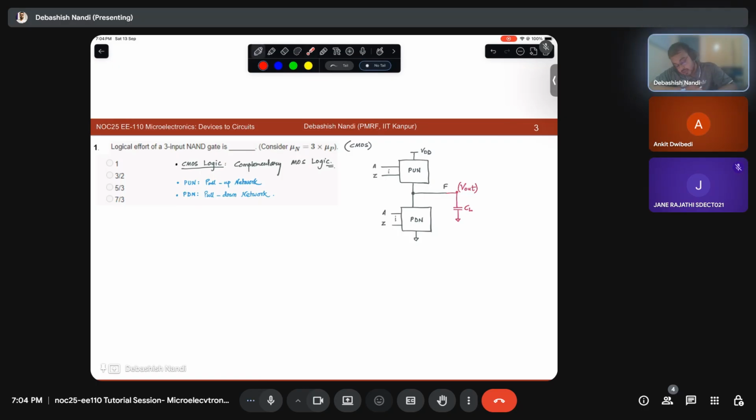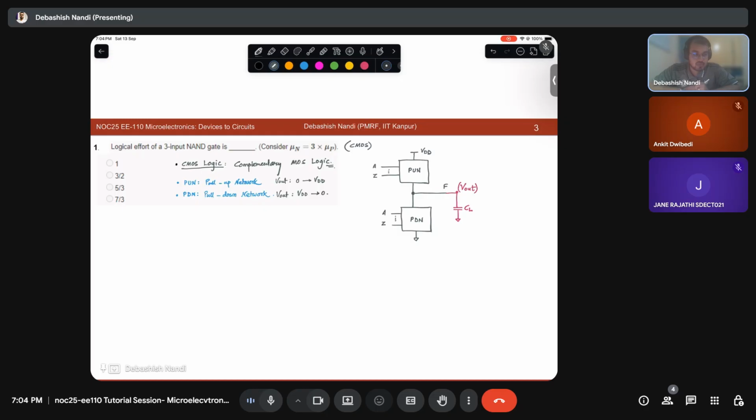So pulling up means I am increasing V out from 0 to VDD, and pulling down means I am discharging the CL, so V out goes from VDD to 0. That is how the names came about.